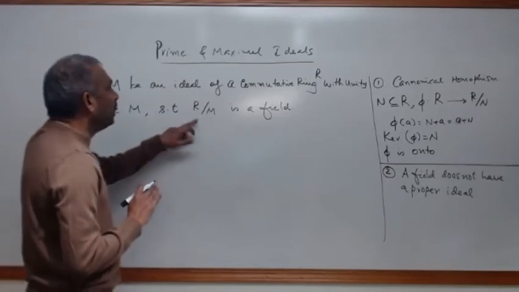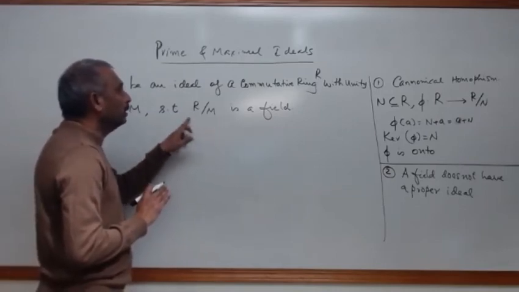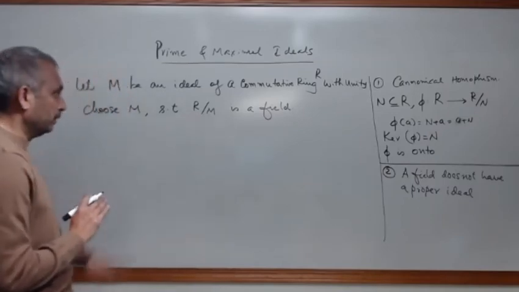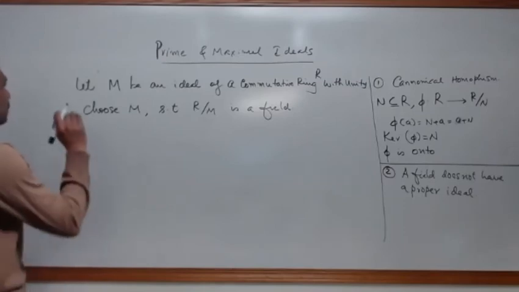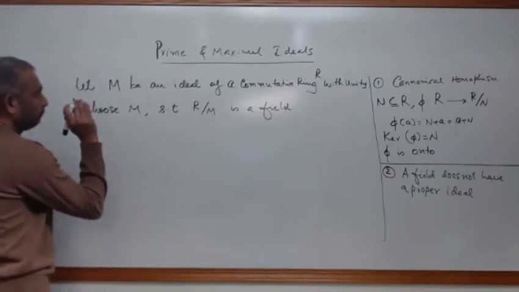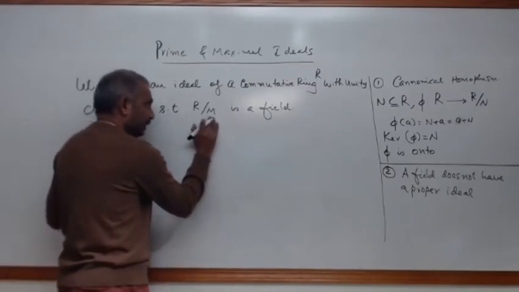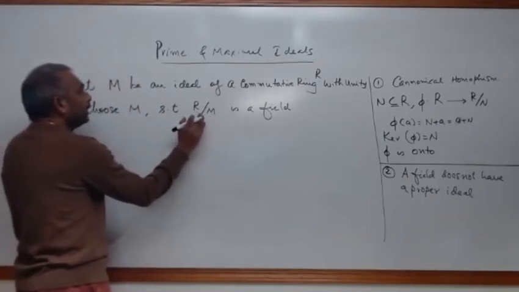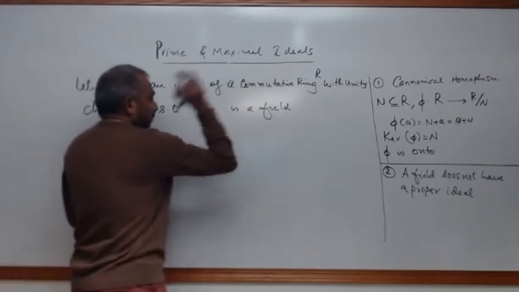It should have only the trivial ideal or the factor ring itself, that is the improper ideal. If you choose such an M, that is what we want, and we call that a maximal ideal.